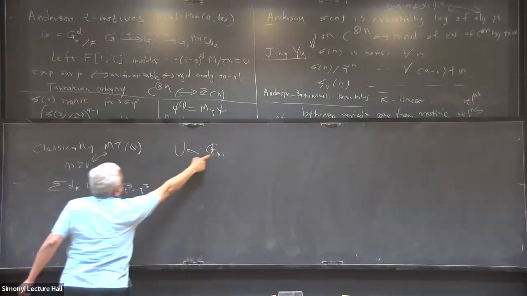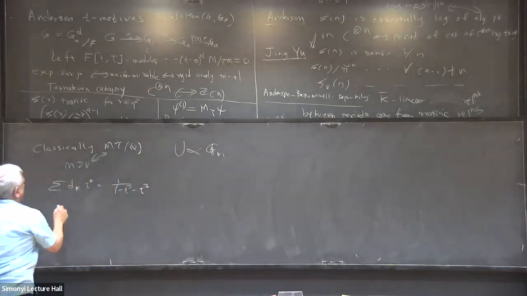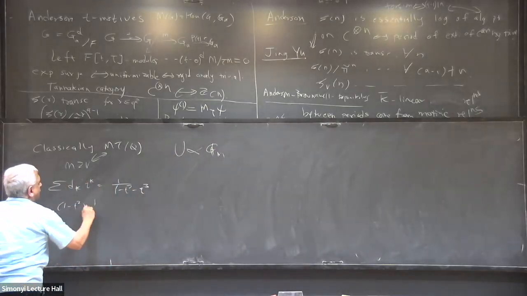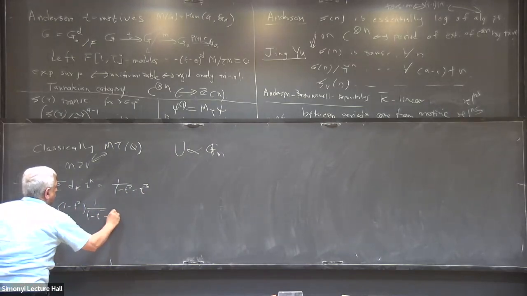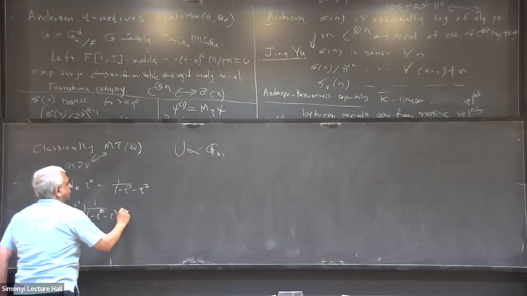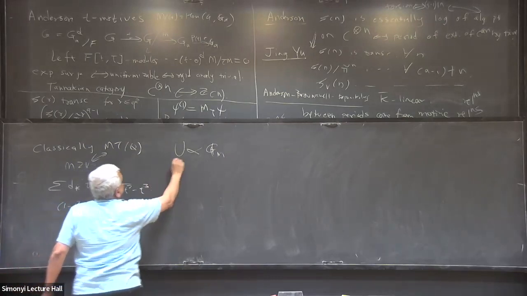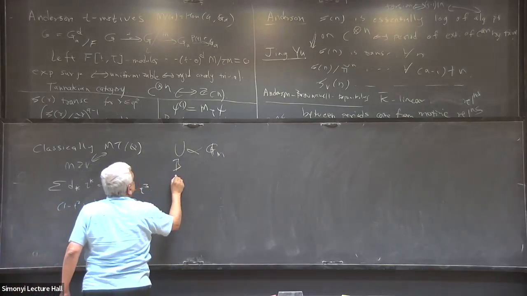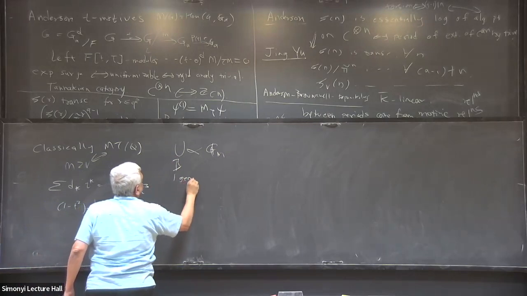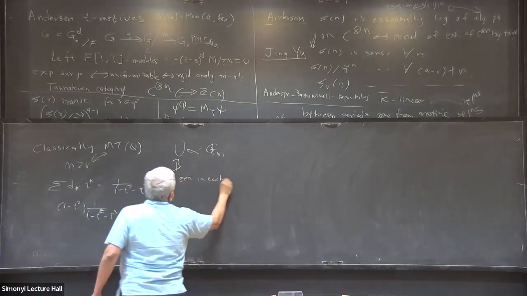And because there is a central element of dimension 2, you look at something like 1 minus T squared over 1 minus T squared minus T cubed. And basically you see that this thing has a Lie algebra where there is one generator in each odd degree.